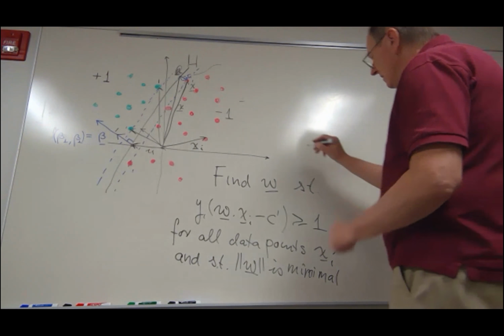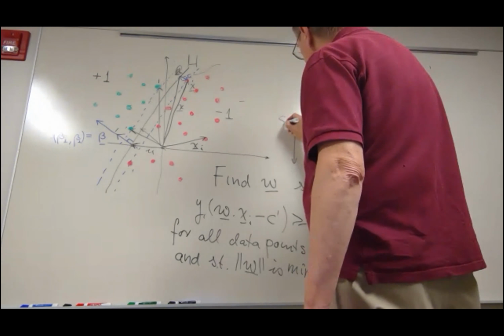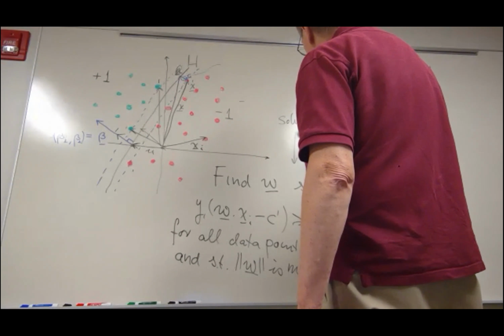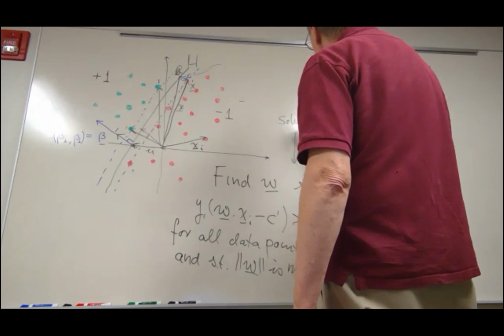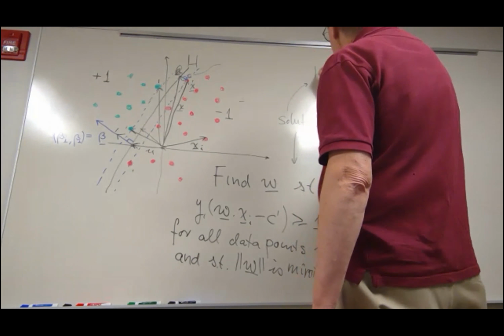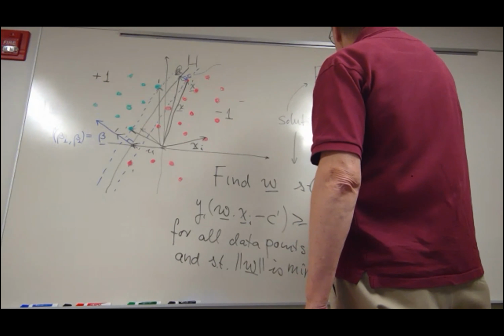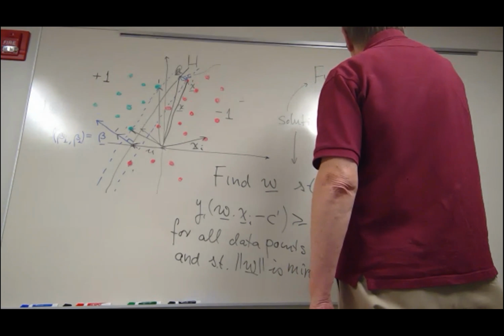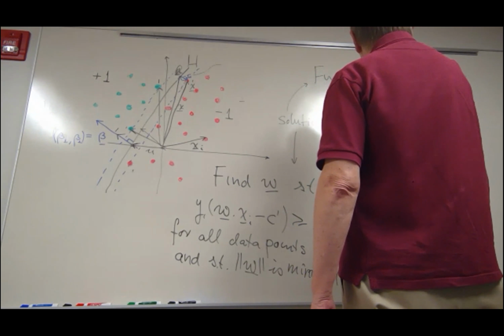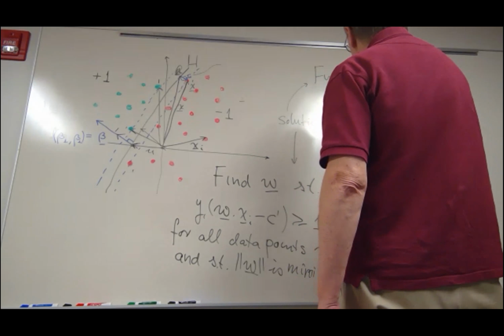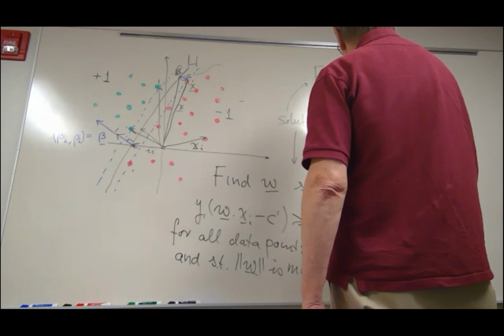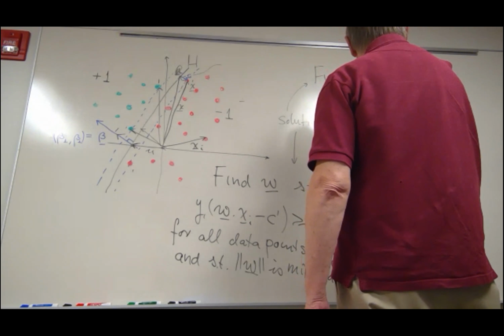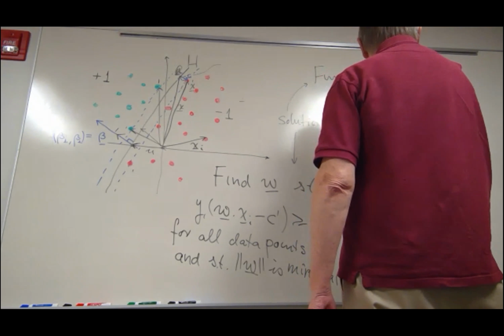So the solution here is the same as: find numbers alpha 0, alpha 1, up to alpha n minus 1.